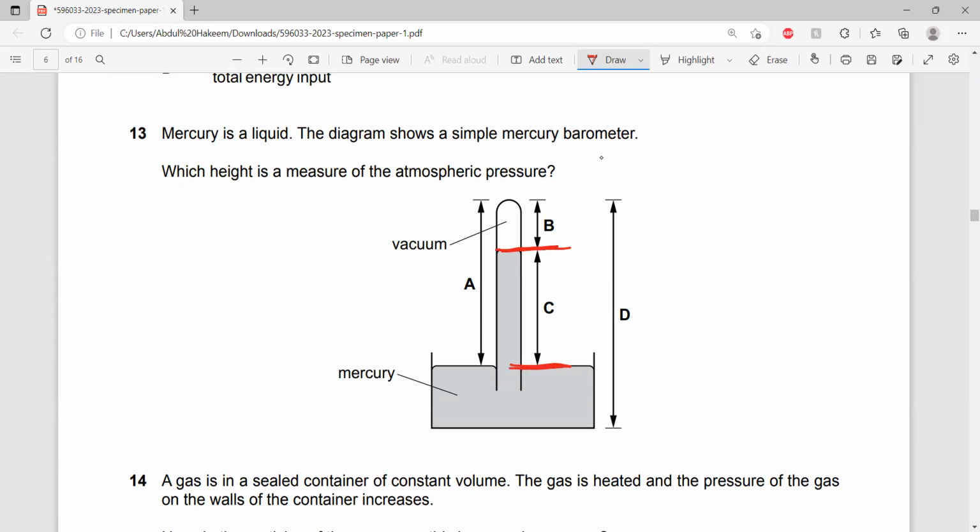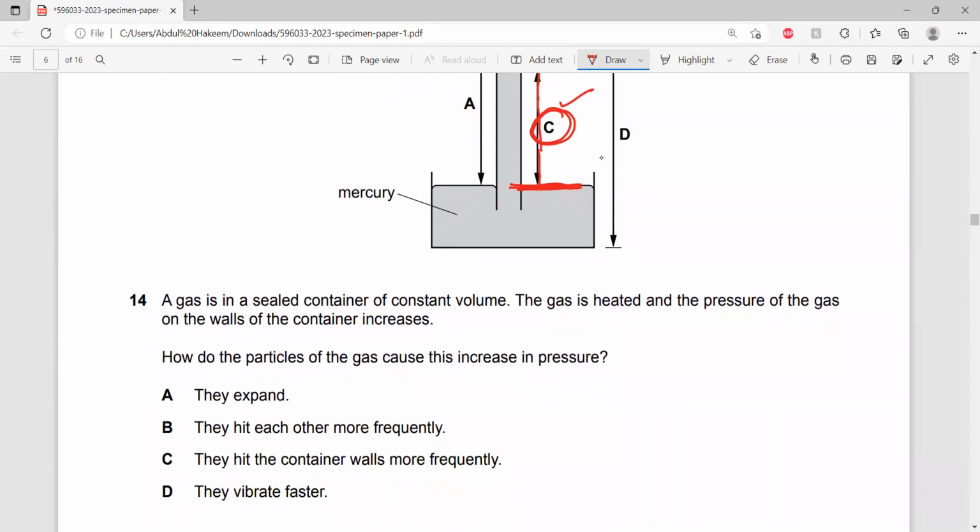So do remember always the height between the liquid in the container and the liquid in the tube represents the atmospheric pressure. So C is the answer. So this C is representing the atmospheric pressure.